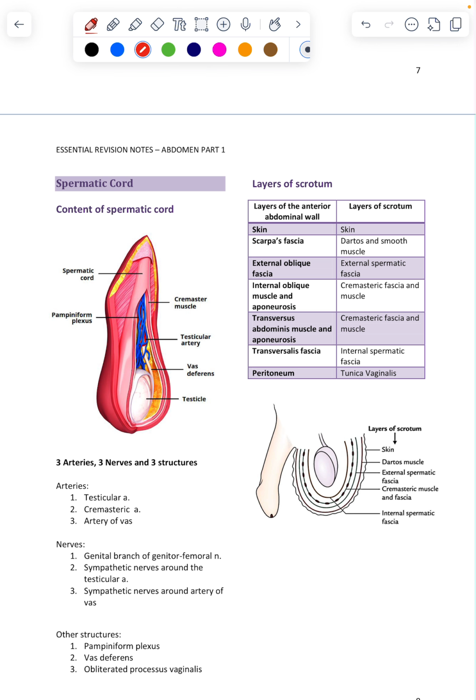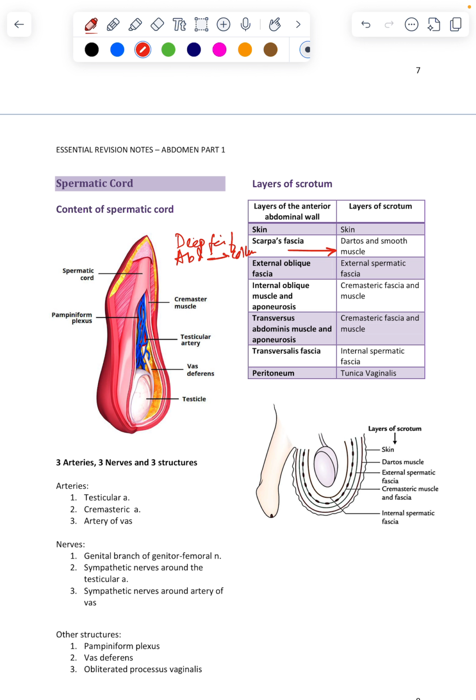Scarpa's is deep, fascia of the abdomen, Colles in the perineum, and continues as dartos muscle in the scrotum. So Scarpa's is deep and Camper's is superficial. It has nothing to do here in the scrotum.